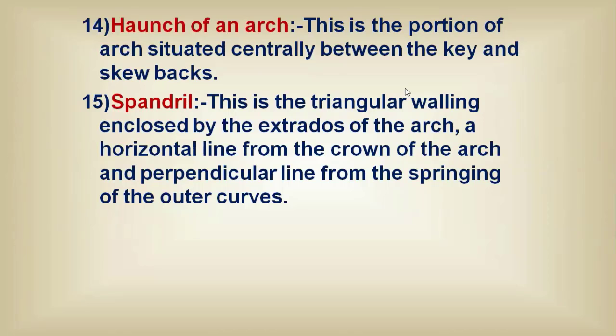Then the haunch of an arch. The haunch is the lower half of the arch between the crown and the skew back. After that, the spandrel. The spandrel is the space between the extrados and the horizontal line through the crown.